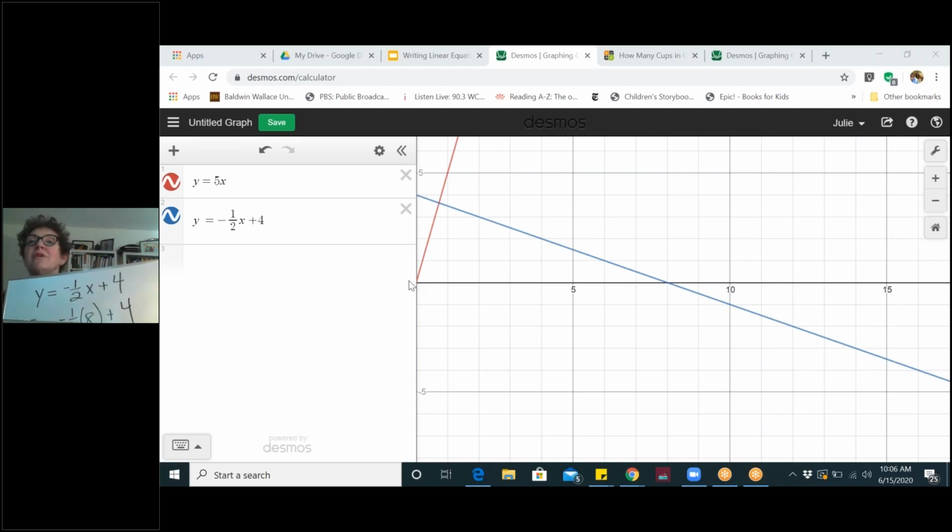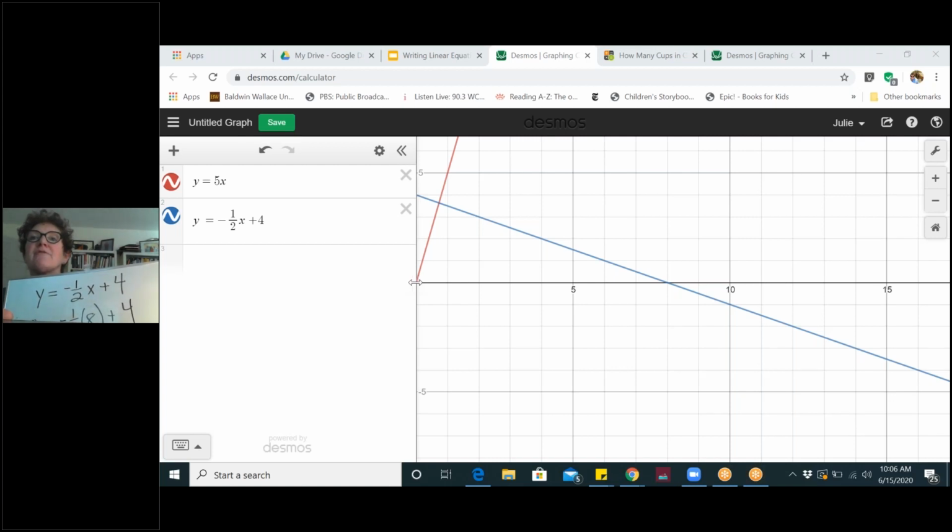So notice here in this one, y equals 5x. I'm starting at 0. What could I do? I could earn $5 an hour, which would be kind of sad.